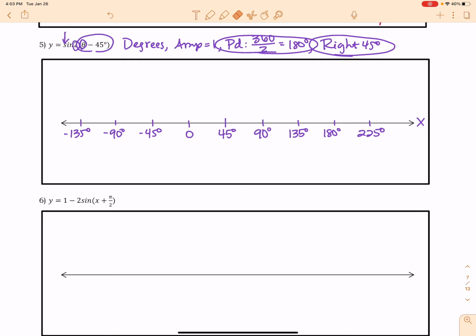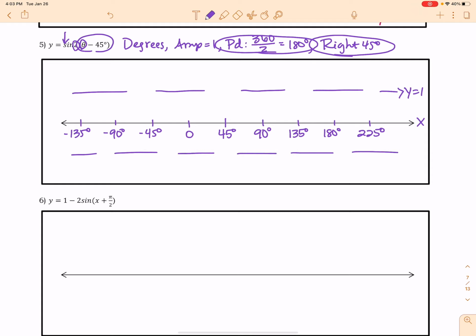Okay, so other things going on. Well, I need to consider the amplitude. That means that from the x-axis up 1 and from the x-axis down 1, that's what my graph is going to look like. So I am going to just draw some dashed lines to help me. I'm going to call this y equals 1 since the amplitude is 1. And I'm going to drop down and do the same thing below the x-axis, y equals negative 1.